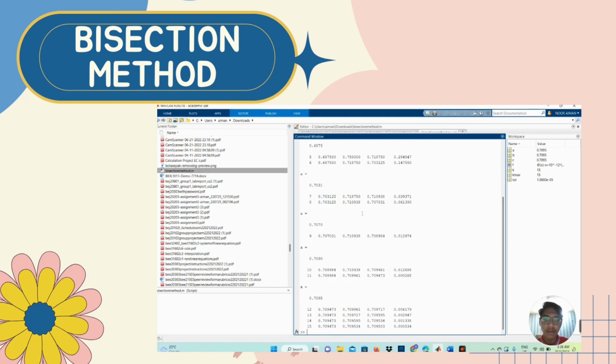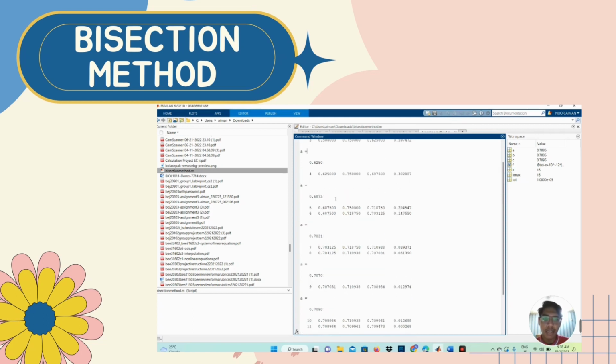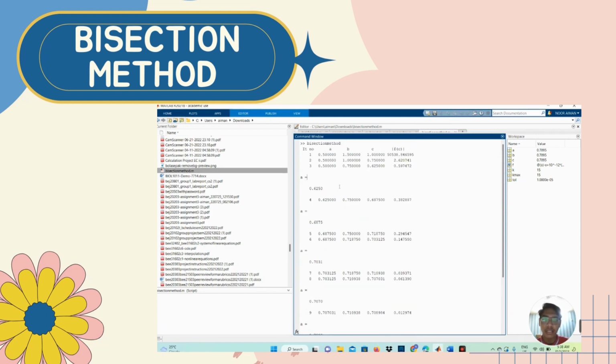Actually, for f(c) and other values, we have a little difference because of the decimal places.